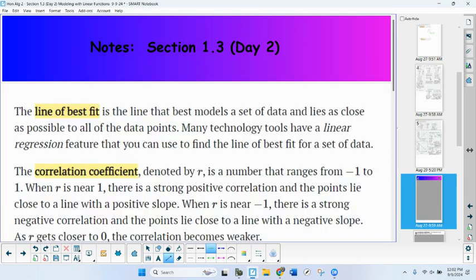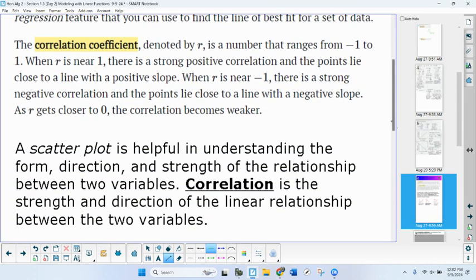Well, it goes on here to talk about the line of best fit is a line that best models the set of data that lies as close as possible to all of the data points. Many technology tools have a linear regression feature that you can use to find the line of best fit for a set of data.